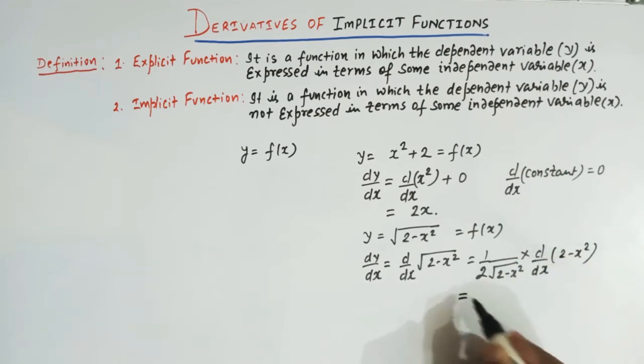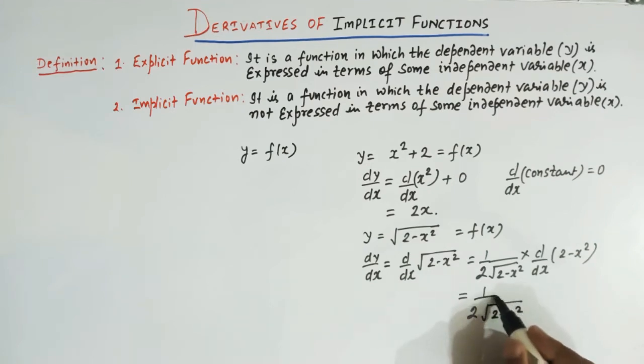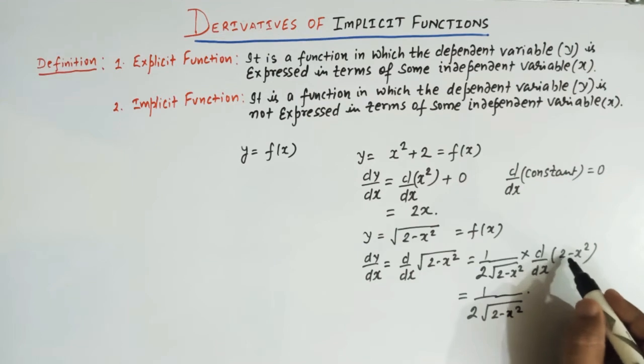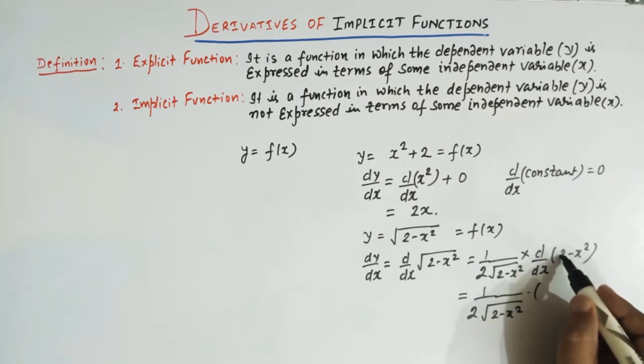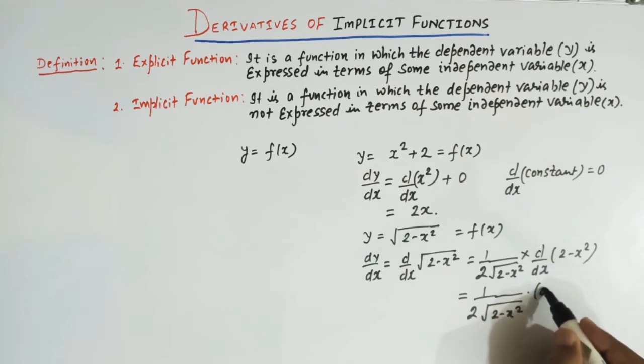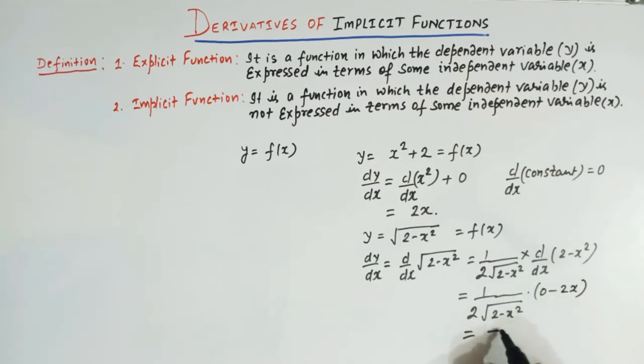So this is equal to 1 over 2 square root of 2 minus x square, and the derivative of 2 minus x square is, the derivative of 2 is 0, so here we have 0 minus 2x. So this is minus x divided by square root of 2 minus x square.